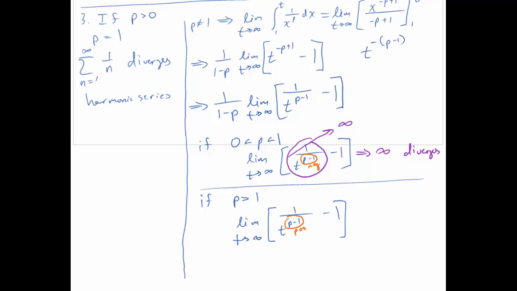As t approaches infinity, this becomes 1 over infinity minus 1, which is a real number. It ends up being negative 1, and so it converges.